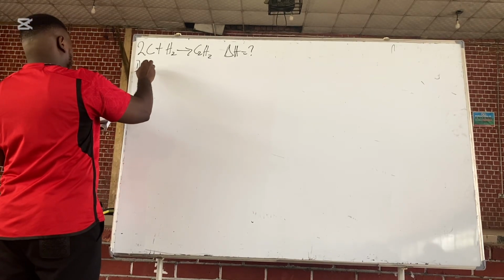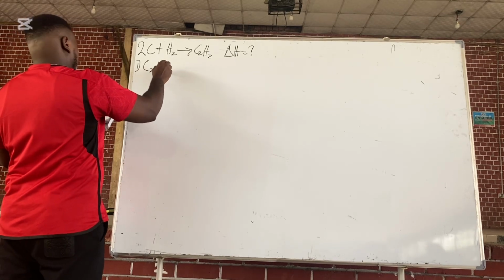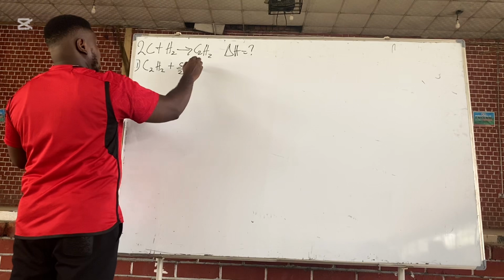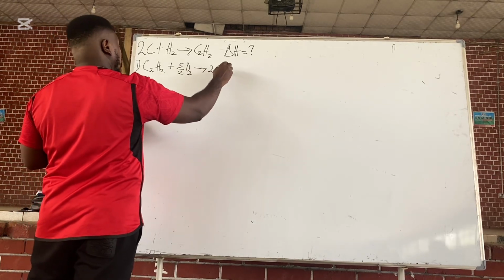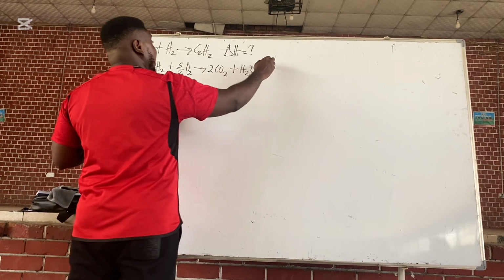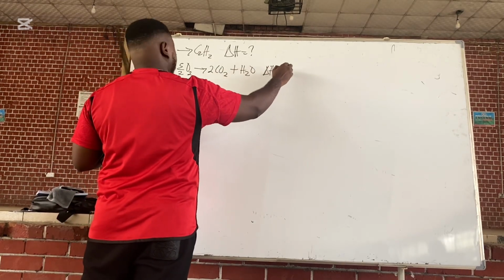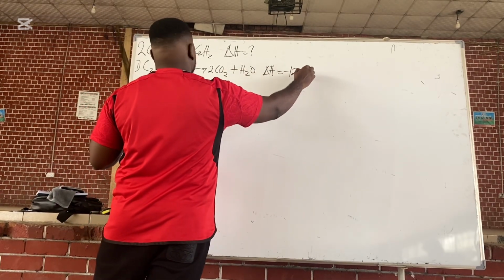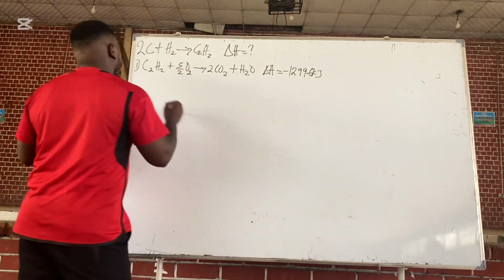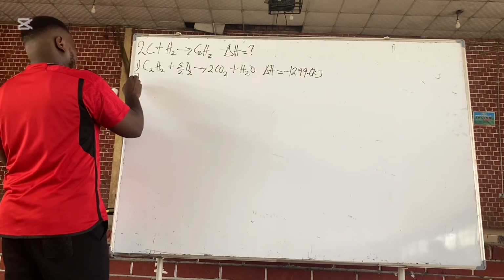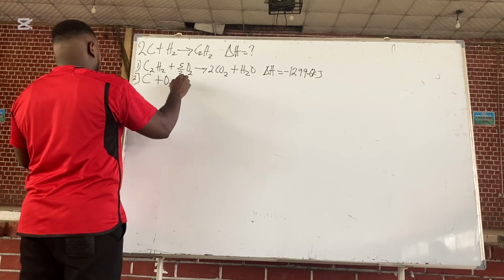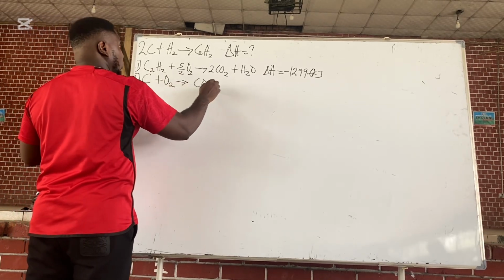1. C2H2 plus 5/2 O2 to give 2CO2 plus H2O. Enthalpy change is minus 1299.6 kilojoules. 2. C plus O2 to give CO2.